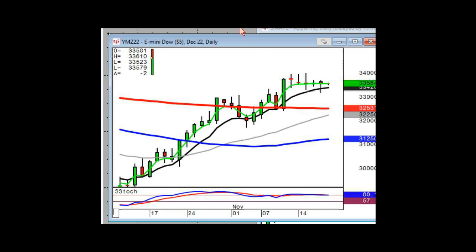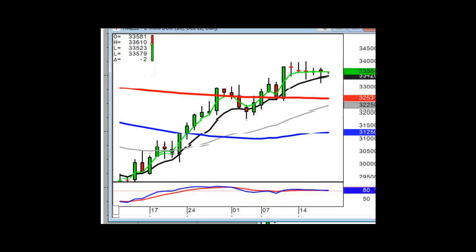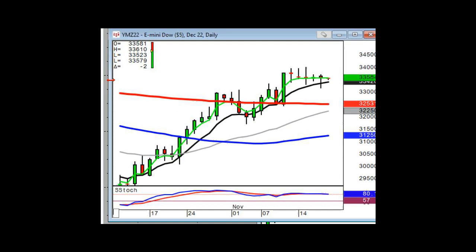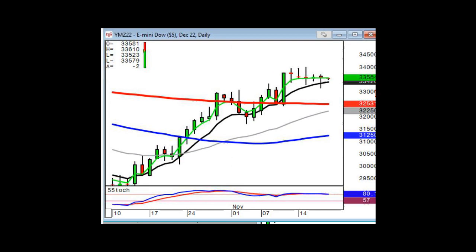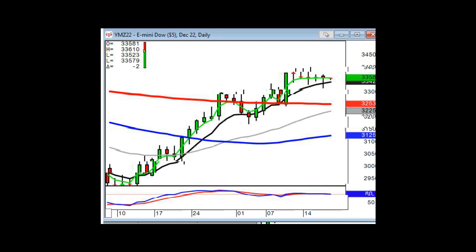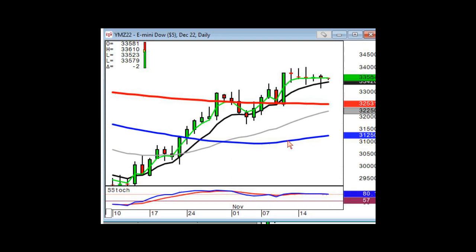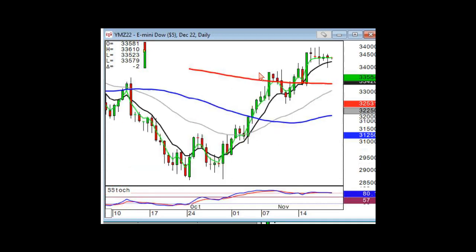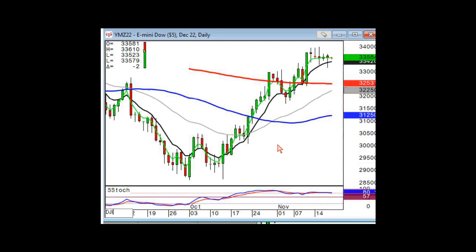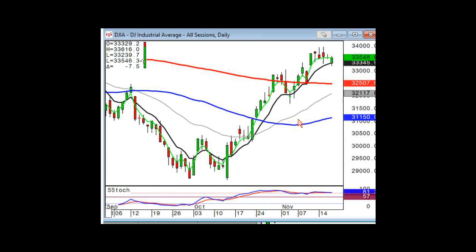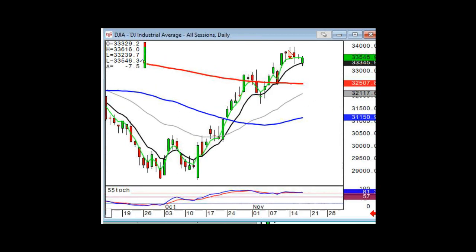Okay, so with that, if we go to live charts, let me expand this out a little bit. All right, so if we look at using that same analogy, the T-line, the signals, you can see what was happening up here on the Dow.